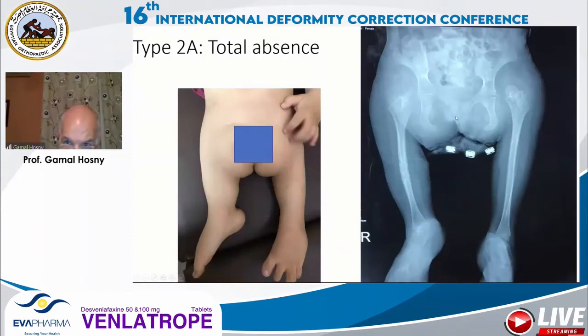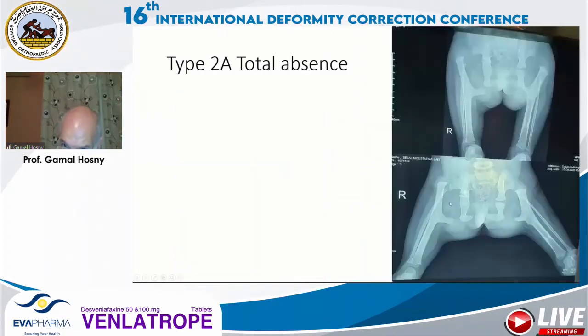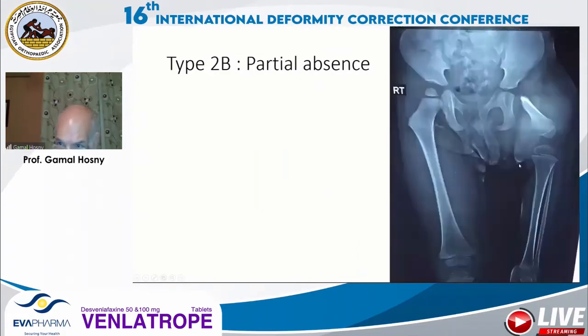And this is an example of the total absence on both sides at a young age. So type A, total absence of the femur on both sides. See. Total absence, again. This is the tibia. Partial absence. In partial absence, the proximal tibia is not there.